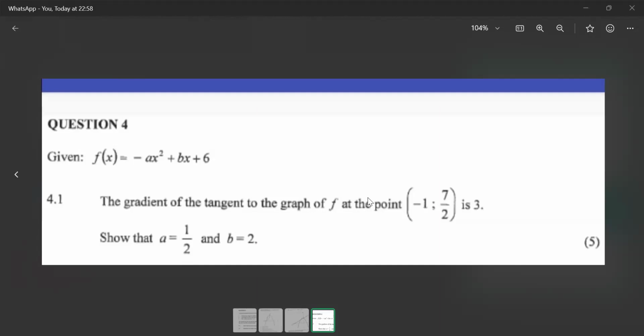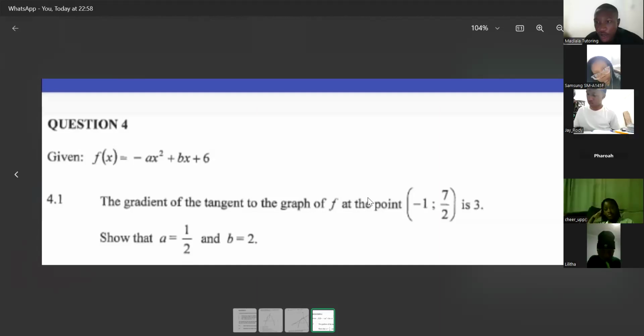Well, it's relatively a walk in the park, because what we need to do here is to understand the meaning of the derivative of a function. So here they gave us that the function f is defined as -ax² + bx + 6.